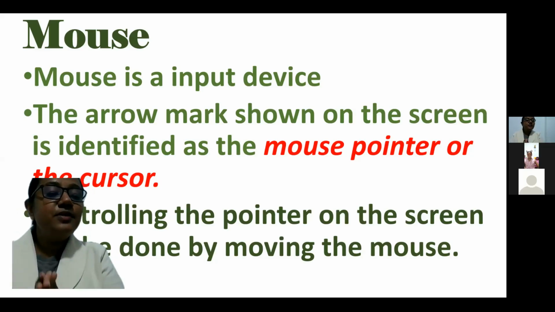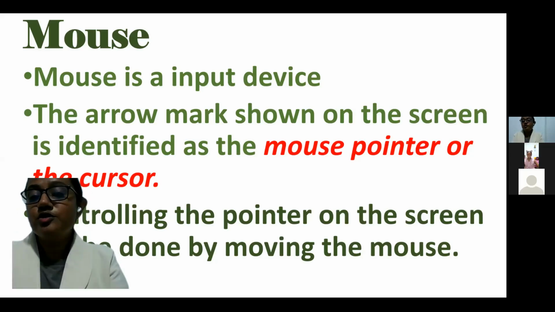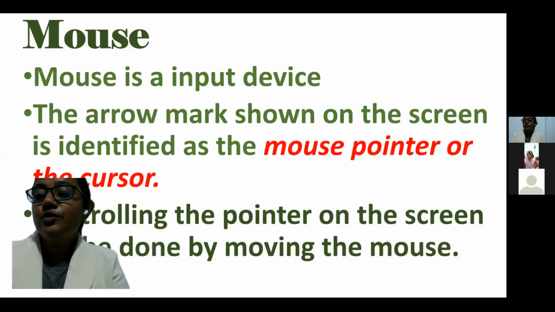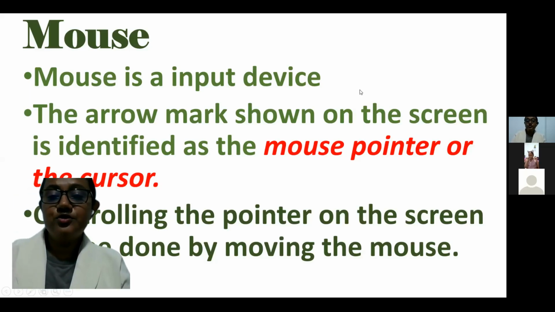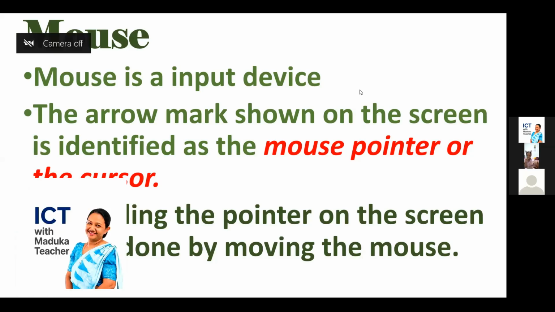Then Yasindu, answer me. What are the three types of mouse you know? Mouse is an input device. No. What are the three types of mouse? There are three types of mouse. What are those three types?